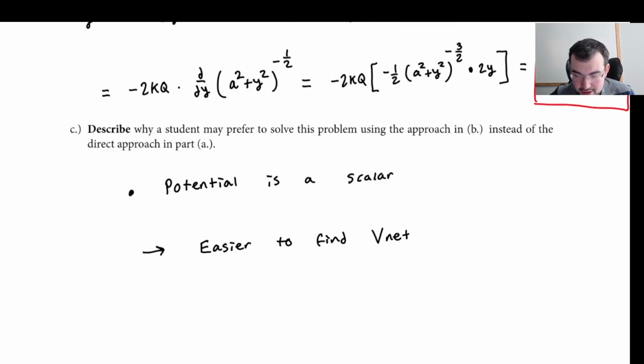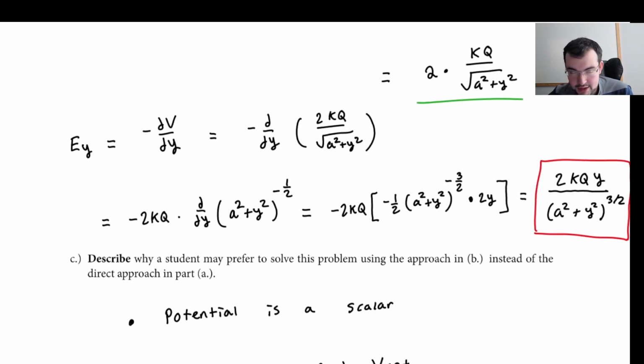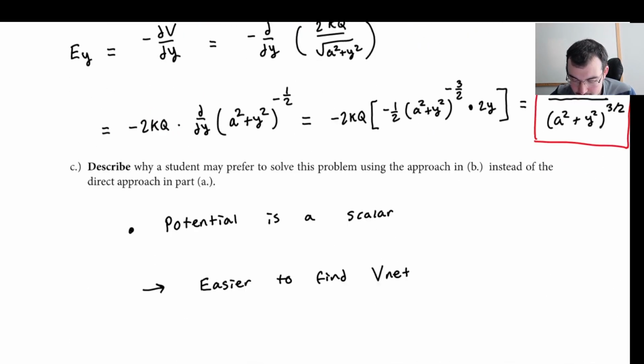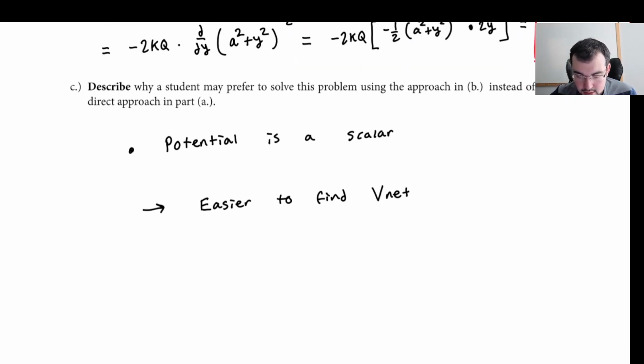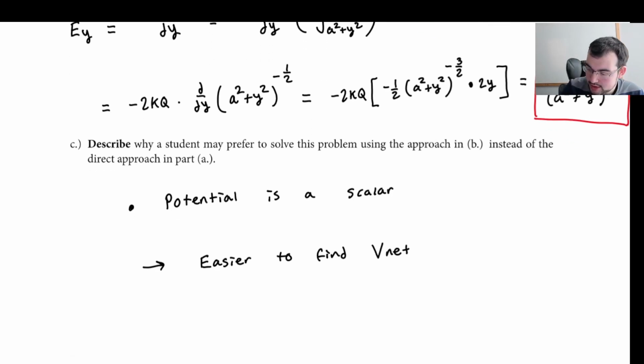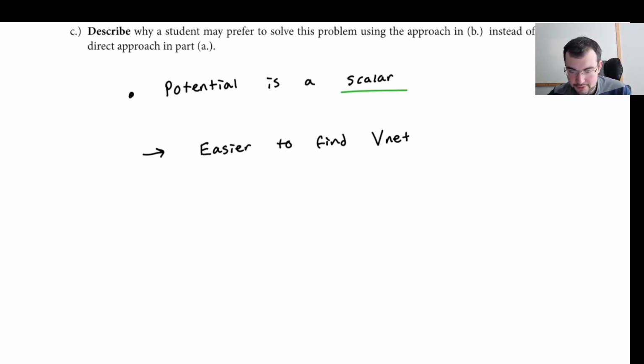And if you're good at your calculus skills, you might prefer this way. If you're better with your trig and working out components, you might prefer the E field way. It kind of just depends on the problem. Just realize you always have both ways. So the key here is that potential is a scalar, which makes the problem easier to find V net.